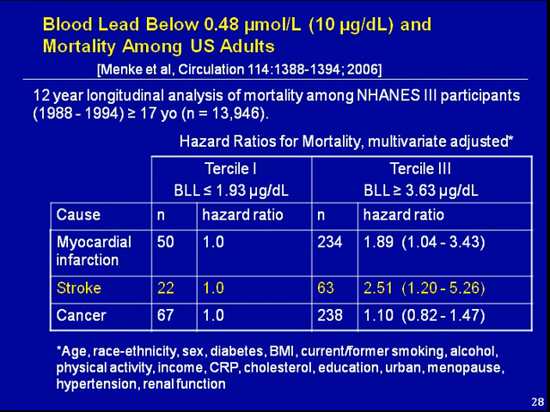And again, this is a general population sample. These are individuals who, for the most part, had blood lead concentrations less than 10 at the time of the measurements. And these are significant risk factors for morbidity and mortality in the United States today.